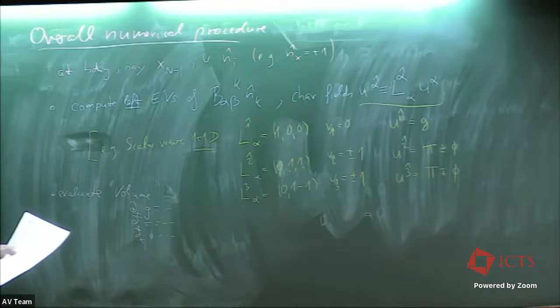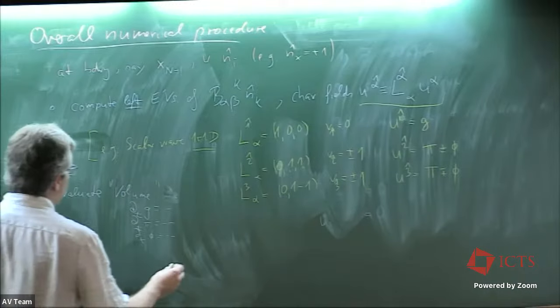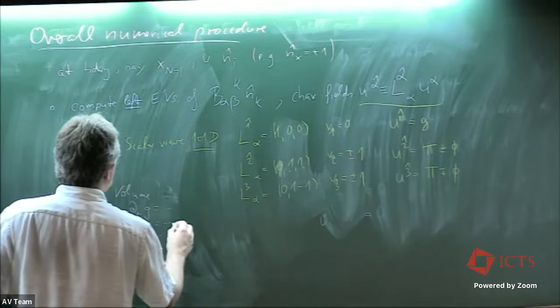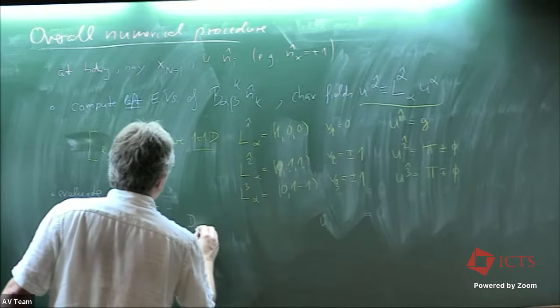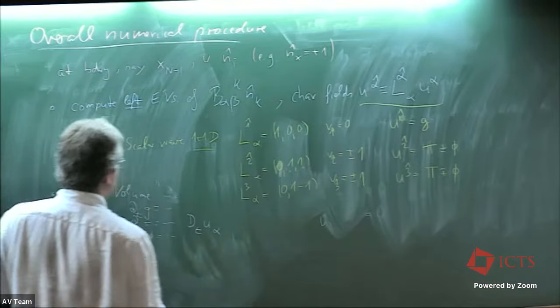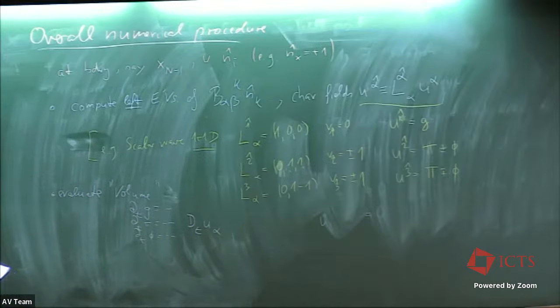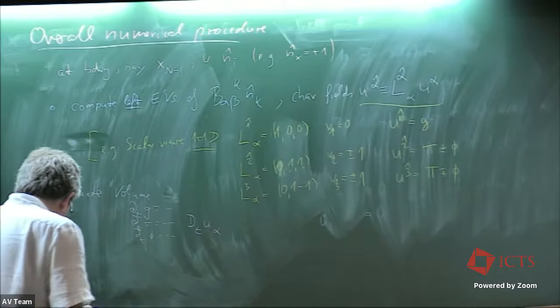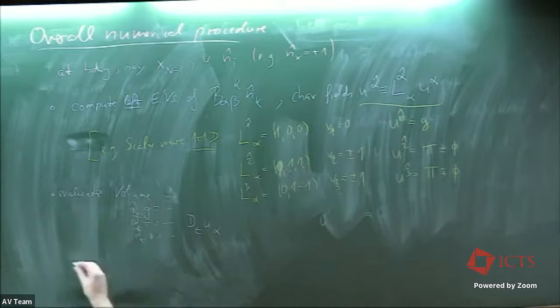I'm calling these dt u alpha. We now transform these to characteristic fields.